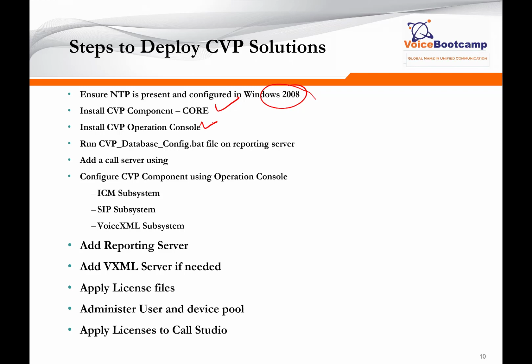If you are going to use a reporting server, make sure you run this batch file on the reporting server itself, followed by adding the call manager server, enabling the subsystems, adding the reporting server, adding the VXML server if needed, applying the license, and configuring your users and device pools, and so on and so on.